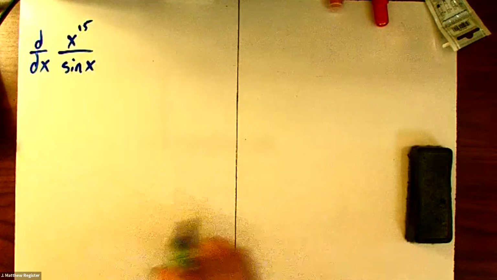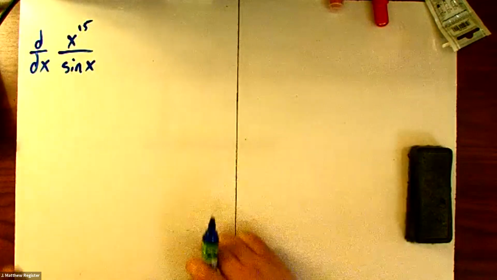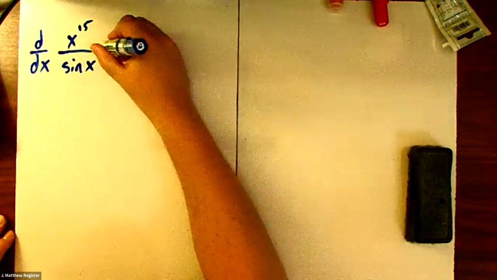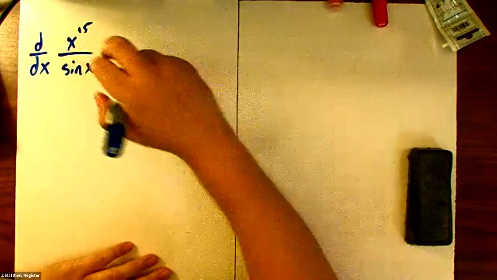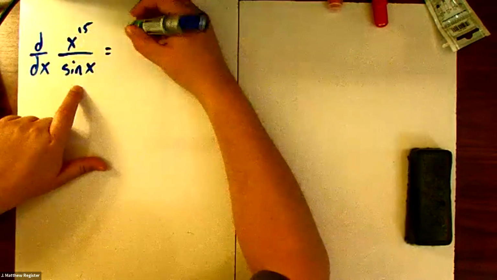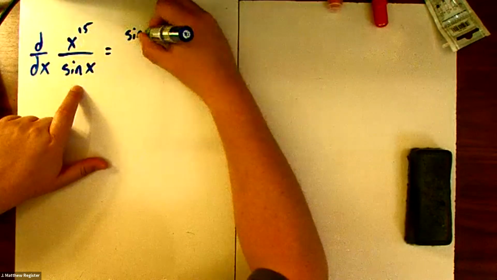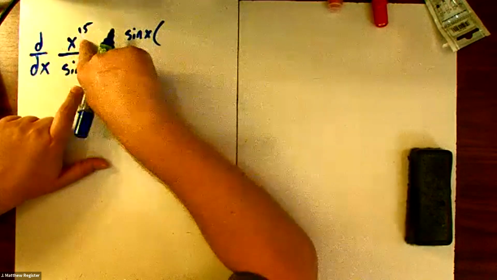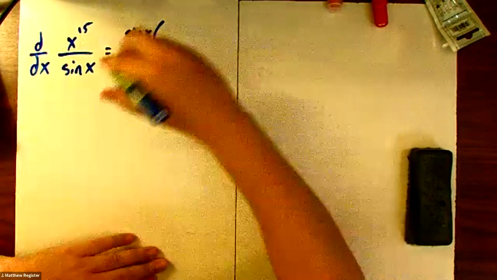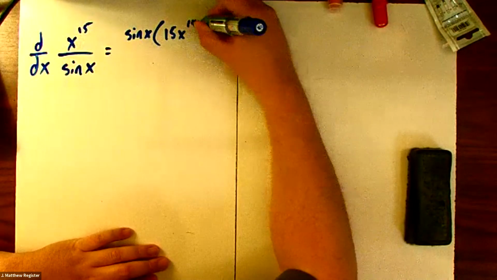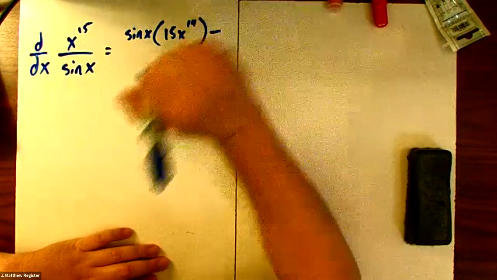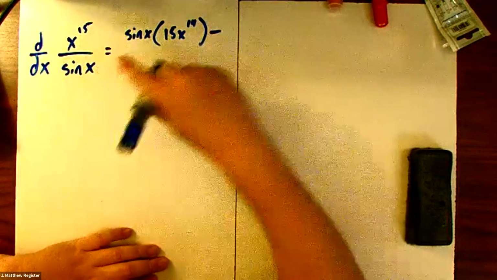So the derivative of x to the 15th over sine of x. Well, in order to calculate this, we would say ho d high, and so it's going to be the sine of x times the derivative of the numerator. So the derivative of the numerator would be 15x to the 14th, minus high d ho.